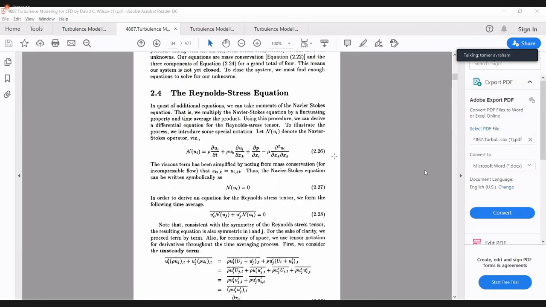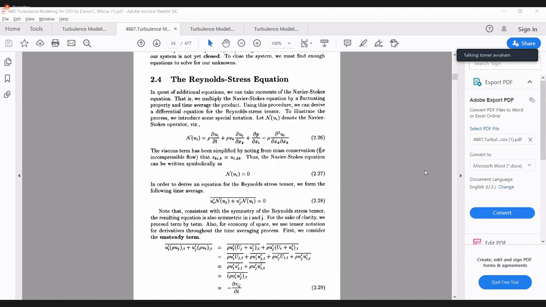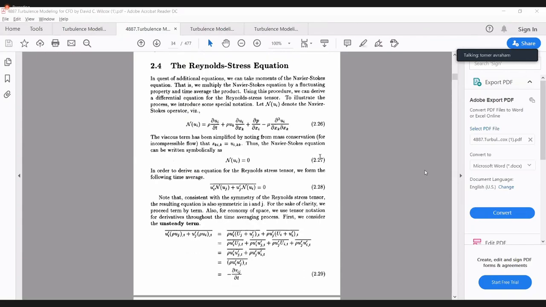So what you see here is a development of the Reynolds stress equation, which manifests the ad hocness even in a more pronounced way. It's a simple multiplication of the Navier-Stokes operator by the perturbative velocity.